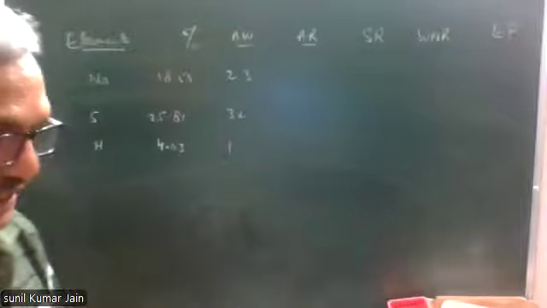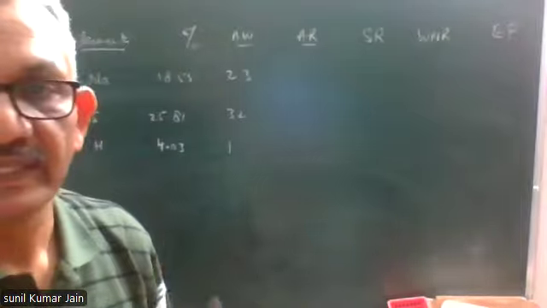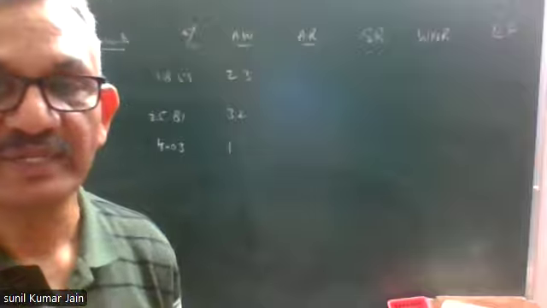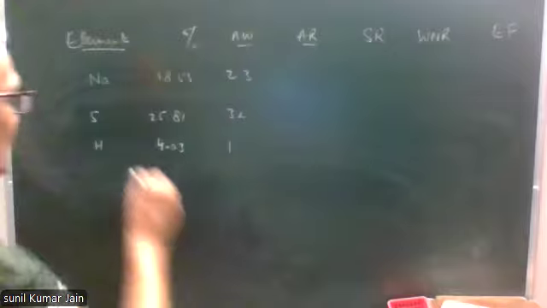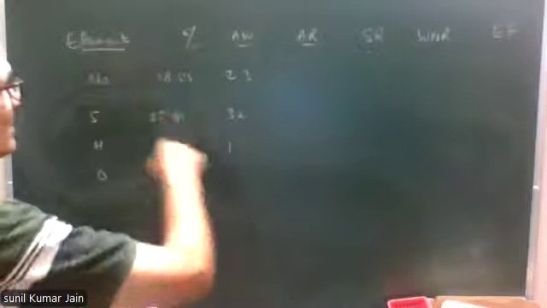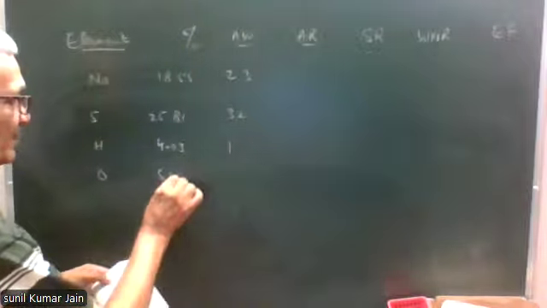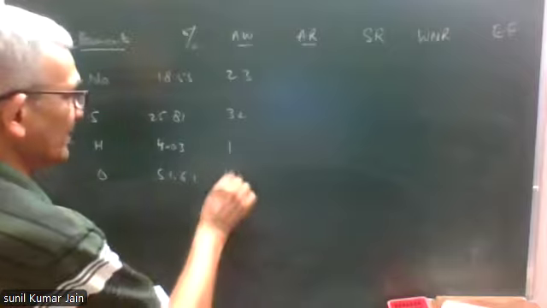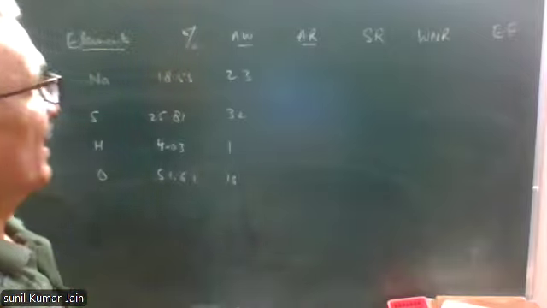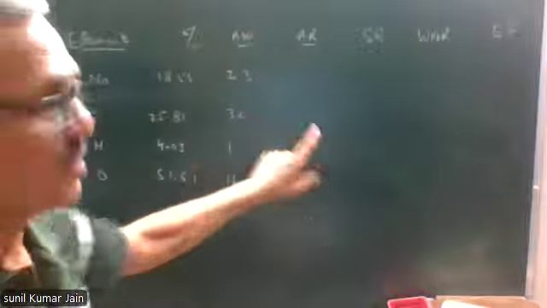Atomic weight is 1. Now, if you add all of them, total is not 100. It means leftover is oxygen. In this case, 100 minus all these will be oxygen, and that will be 51.61%. Atomic weight 16.